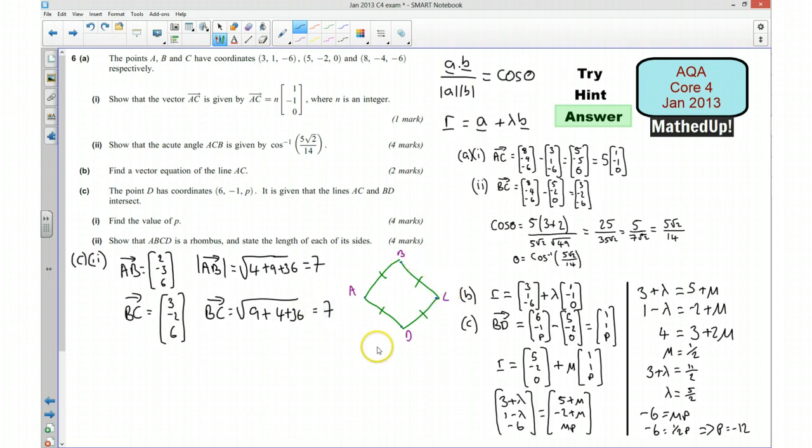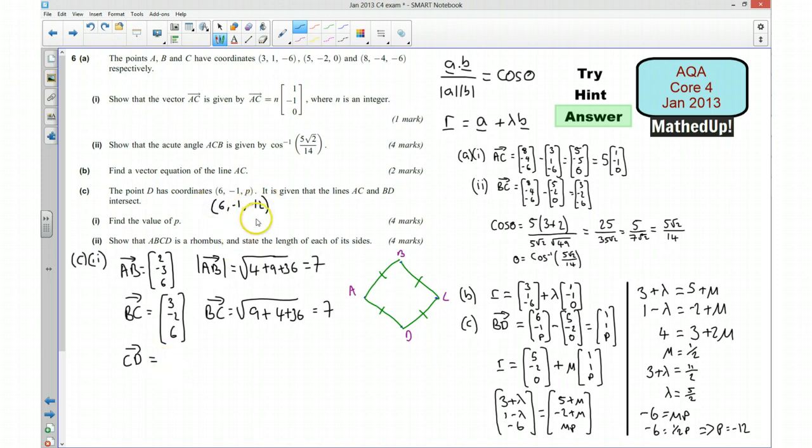And then for CD, we'll do D subtract C. We worked out D earlier; D is going to be 6, negative 1, negative 12.